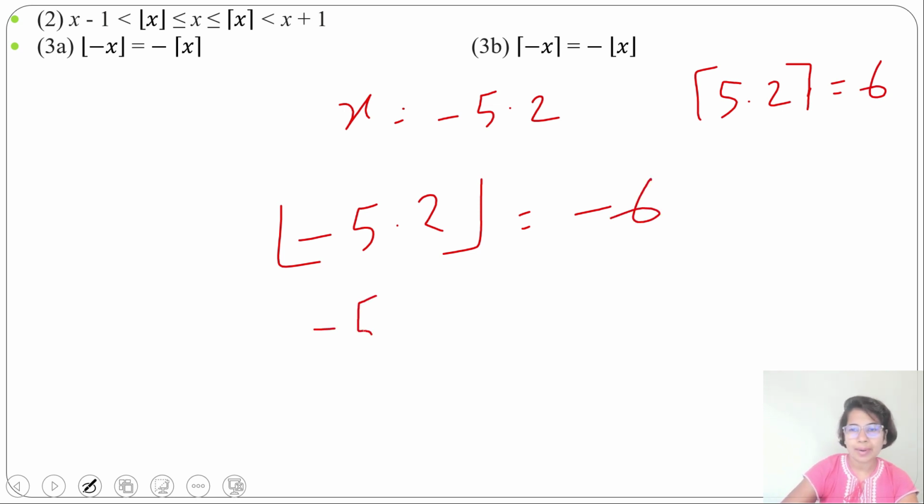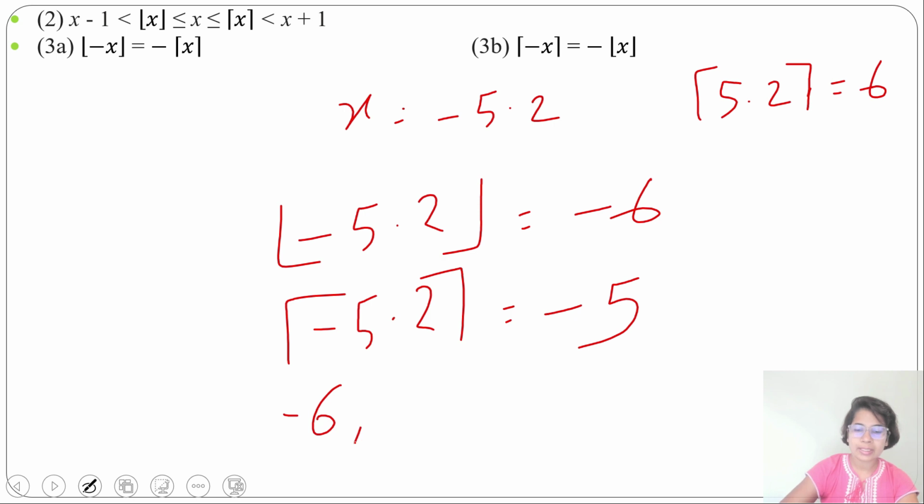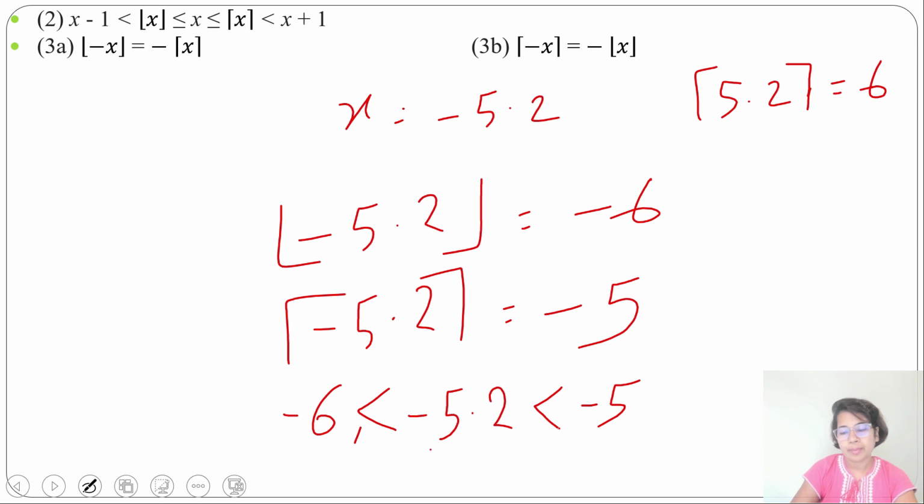Now minus 5.2 ceiling value will be minus, then 5.2 floor value. So 5.2 floor value will be 5. So in the negative sequence, first comes minus 6, then minus 5.2, then minus 5. So minus 6 is less than minus 5.2, which is less than minus 5. So minus 5.2, its floor value is minus 6, whereas its ceiling value is minus 5.